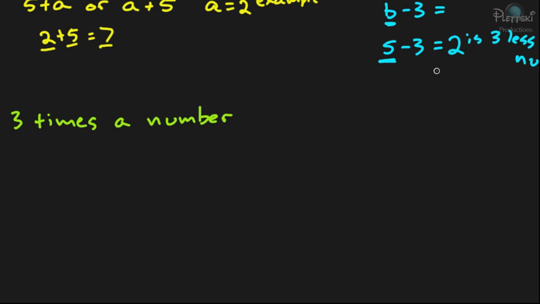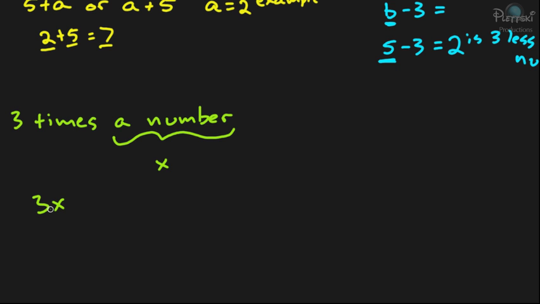And just like the previous example, it may make more sense to think of it as we're going to find something that's 3 times a number. So find something that's 3 times a number. And we're going to start out with the number. And let's call it x for this one. So 3 times a number, or 3x.